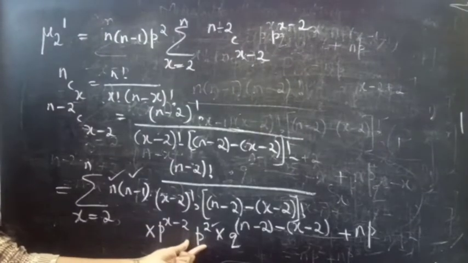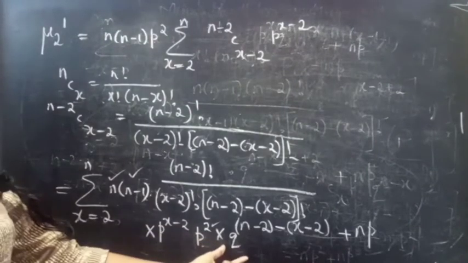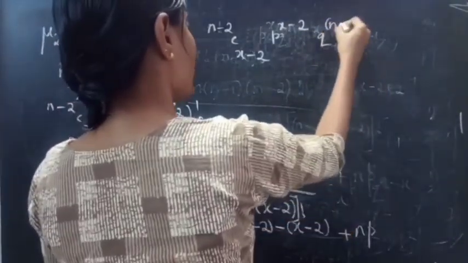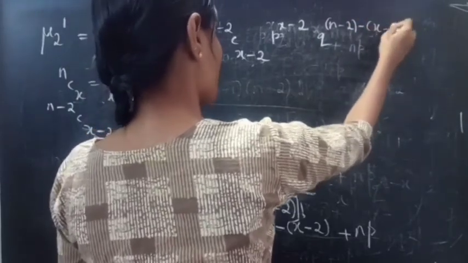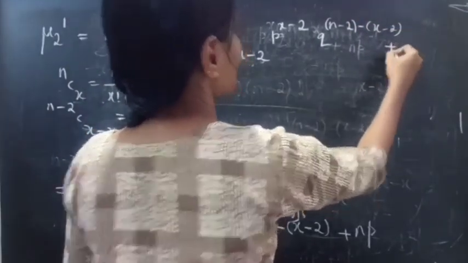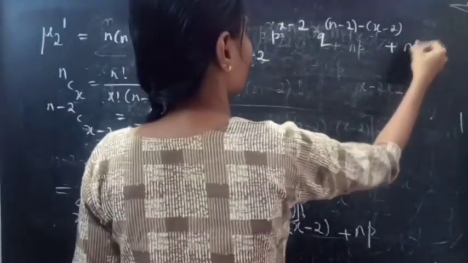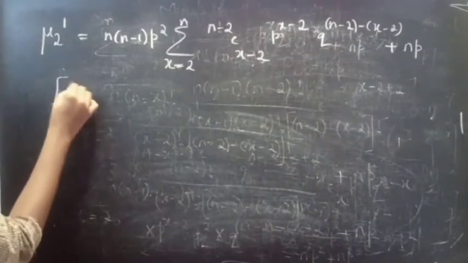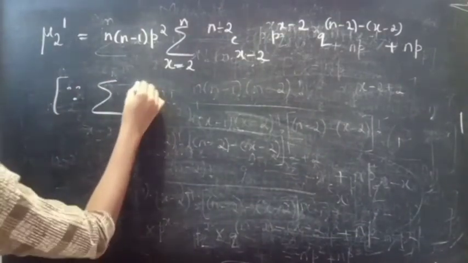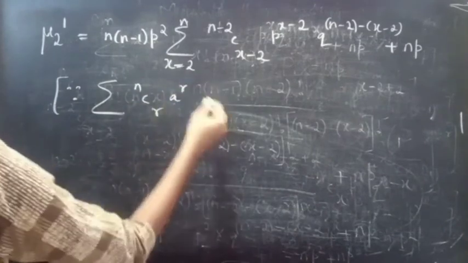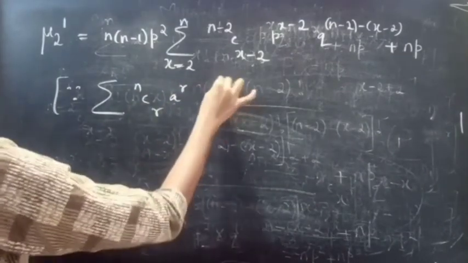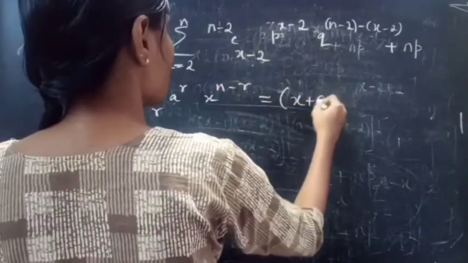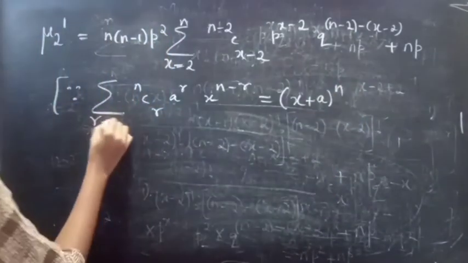We already took this p square outside the summation. So finally we'll get q power n minus 2 minus of x minus 2 plus np. By the binomial theorem we have summation nCr a power r into x power n minus r equals x plus a whole power n, for r equals 0 to n.